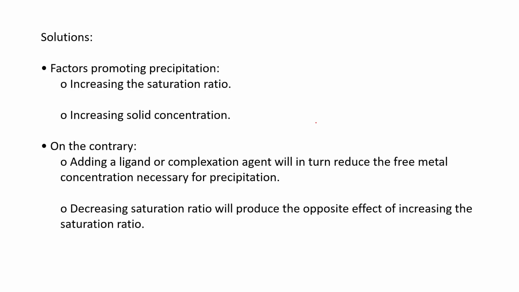The next option, decreasing the saturation ratio, will produce the opposite effect of increasing the saturation ratio. If increasing the saturation ratio promotes precipitation, decreasing it will reduce precipitate formation.